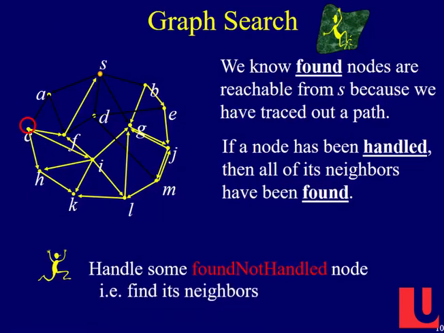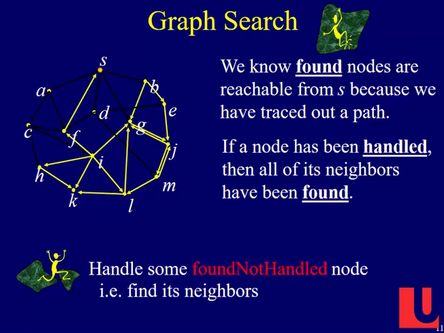And we find its neighbors. So F is now found. Here we found F, but it's been found before, so we don't say it's refound. We don't move it from where it is in the data structure. We just say, okay, it was found already. And so we find its neighbors.